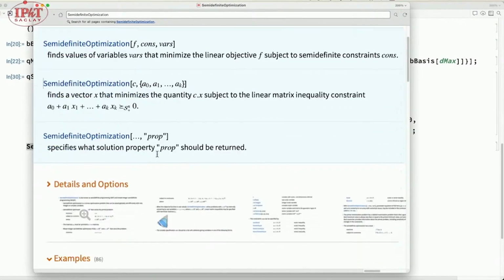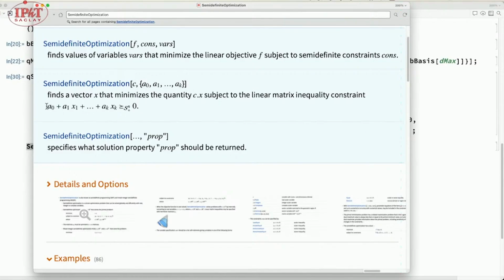So the first argument is a vector c, and the function tries to find a vector x of the same length as the vector c, such that this quantity c dot x is minimized, subject to some constraints on the vector x. And what are the constraints on the vector x? Well, they are contained by these matrices. So you have matrices a0 up to ak, where k is the length of vector c and also vector x.